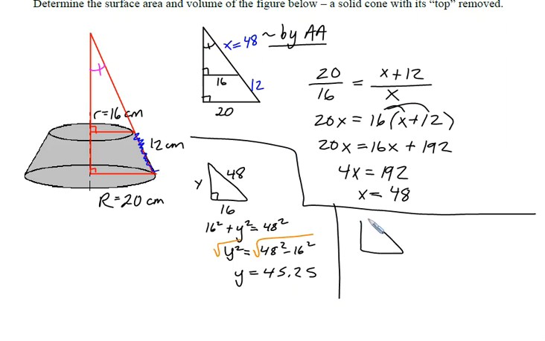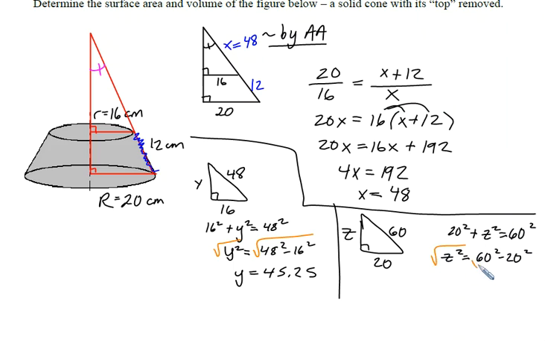For the full triangle, we know that its base is 20 and its hypotenuse is 48 plus 12, which would be 60. And let's call the other side the height z. So we will have 20 squared plus z squared is 60 squared, which means z squared is 60 squared minus 20 squared.